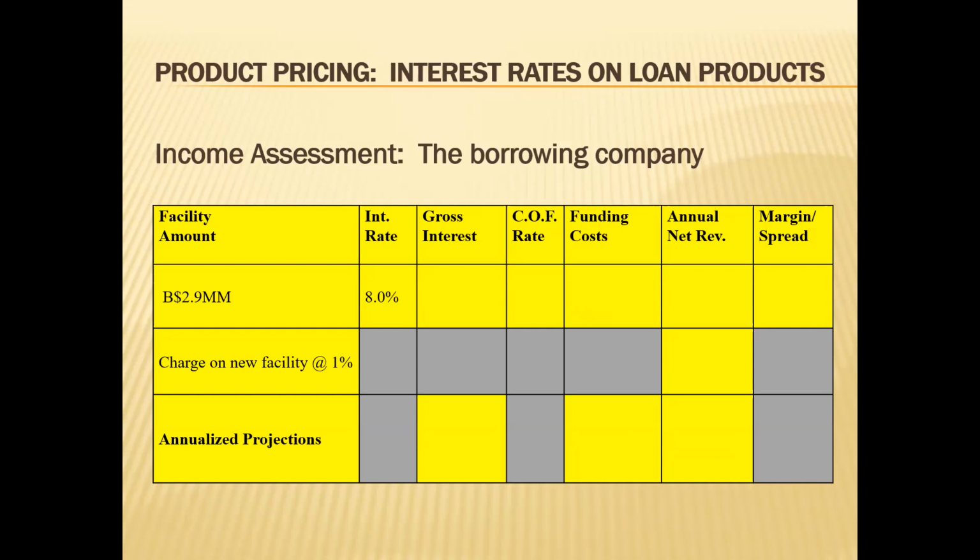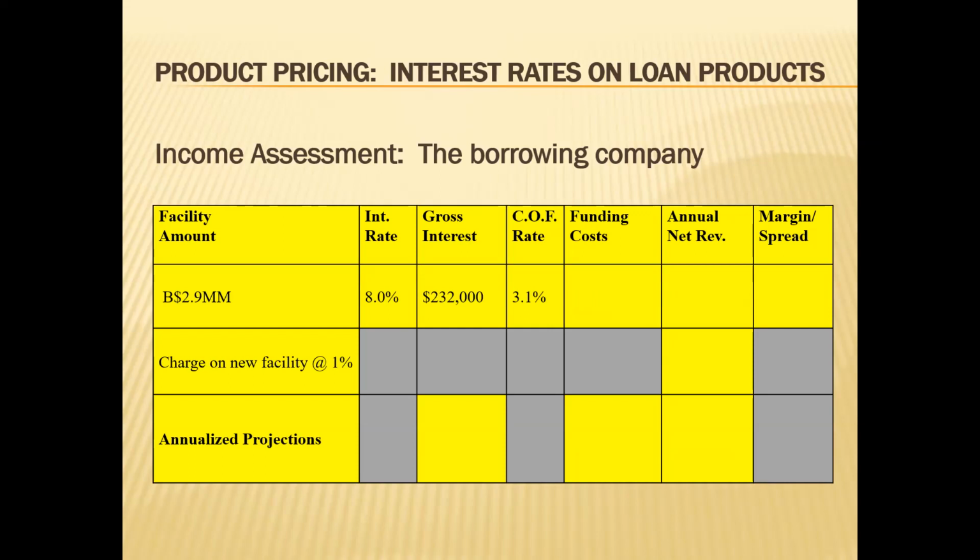Okay, so let's go through each one of those so you can see. Again, we're borrowing 2.9 million. This company, Cable Beach Manufacturing Company, is borrowing 2.9 million. The lender is going to lend it to them at 8%. Again, 8% of 2.9 million is 232,000. We're given that the cost of funds rate is 3.1%.